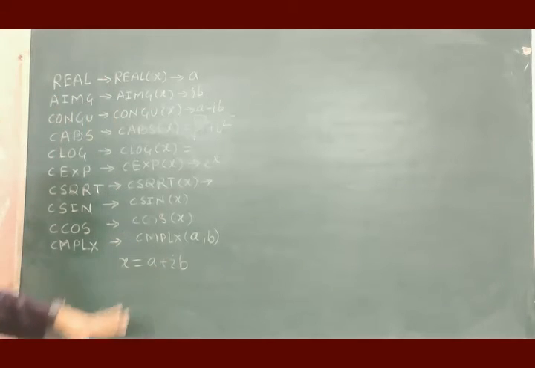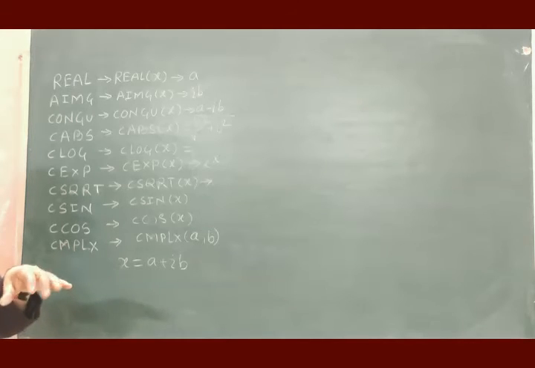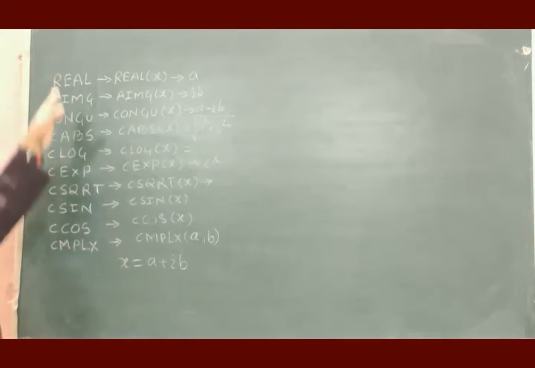This way we can use these library functions in Fortran for complex data. Whenever we want to manipulate the complex data, the complex constants, we can use these various library functions.